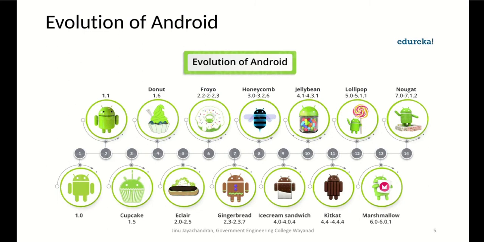If you look at the names that we have till now, you can see that Android usually goes in alphabetical order, except for the first versions, 1.0 and 1.1.